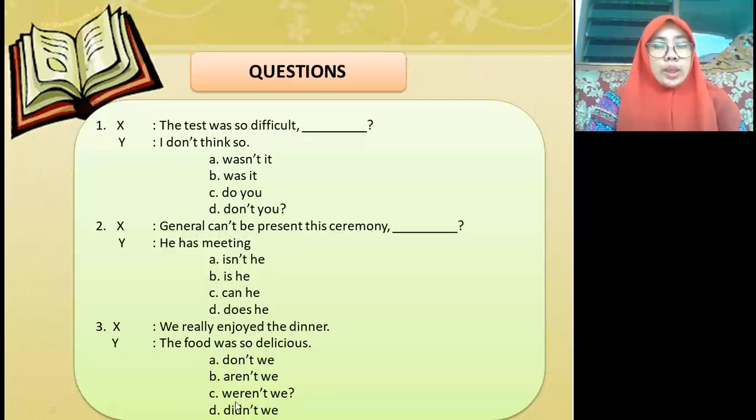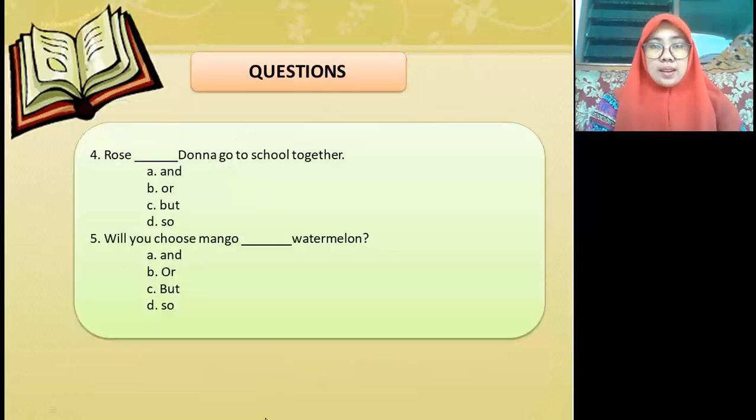A, don't we, aren't we, weren't we, didn't we. Okay, because enjoyed is positive and in past time, your question tag must be negative. And all of the answers are negative, but here it is past, so the auxiliary is did. So the answer is D. Didn't we? That's the answer.